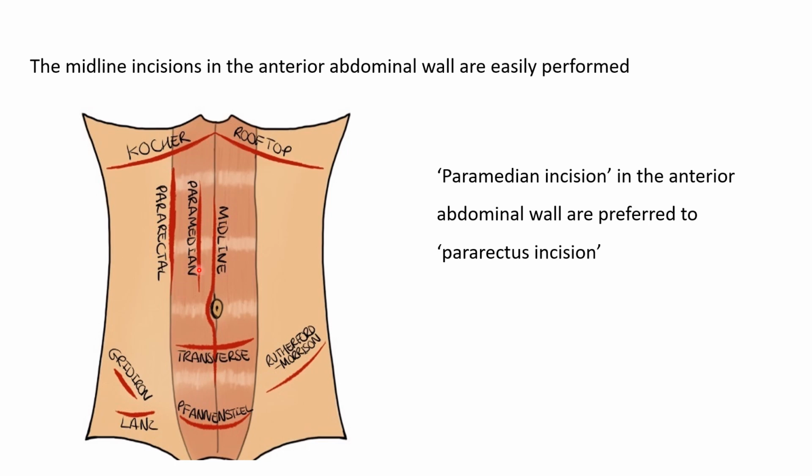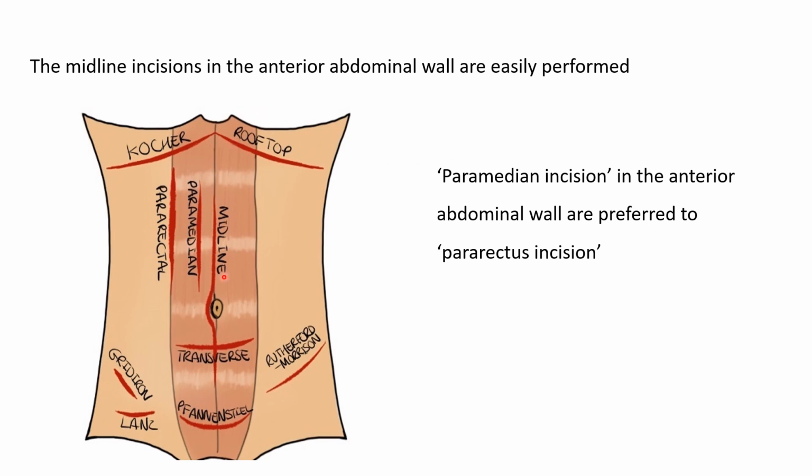That is because it corresponds with the linea semilunaris, where the anterior cutaneous nerve may pierce the rectus sheath and enter within it. So that's why the pararectus incision is not preferably advisable. So paramedian, and the most preferable one is the medial incision.